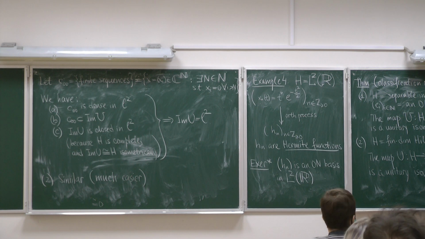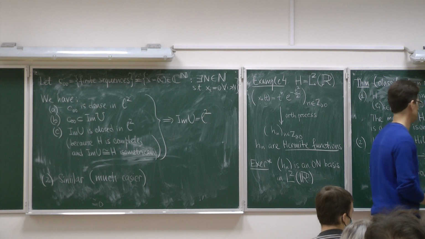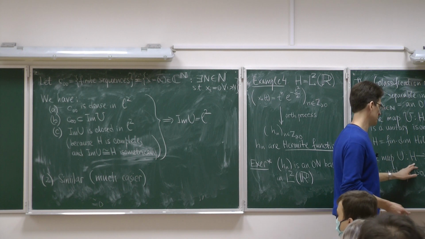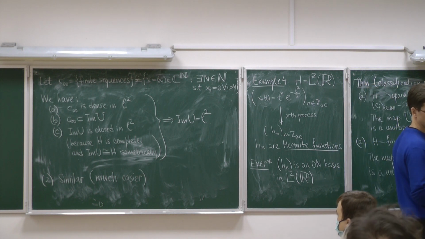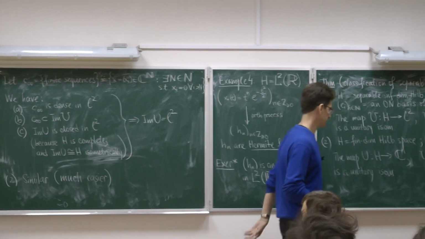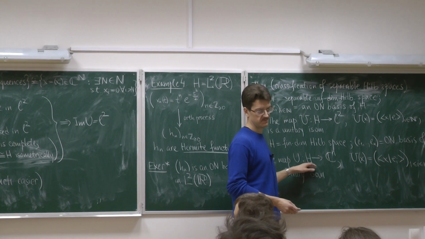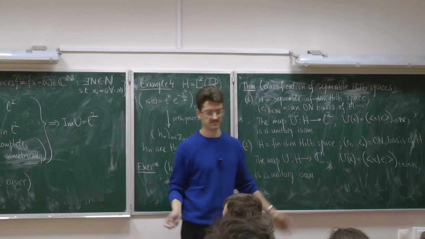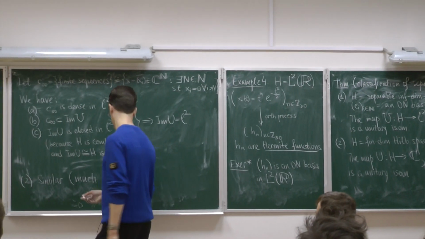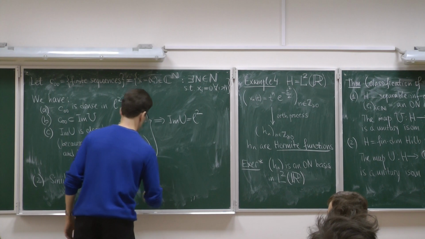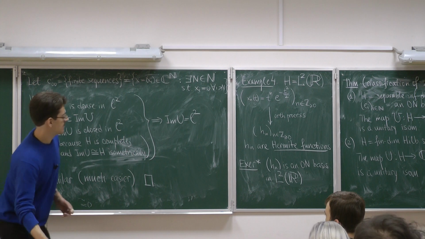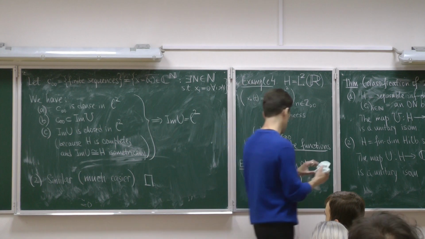We observe that this map U preserves the inner product, so it is injective, but the dimensions are the same, and so it is an isomorphism. So this completes the proof of the classification theorem.